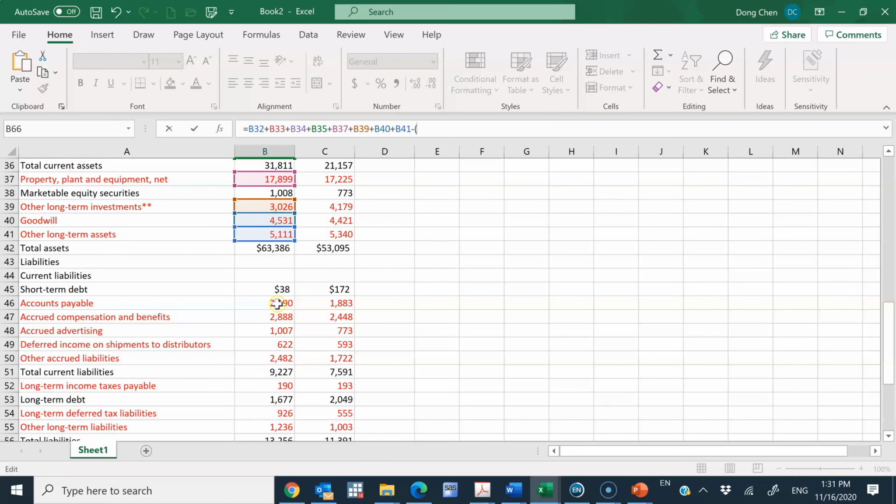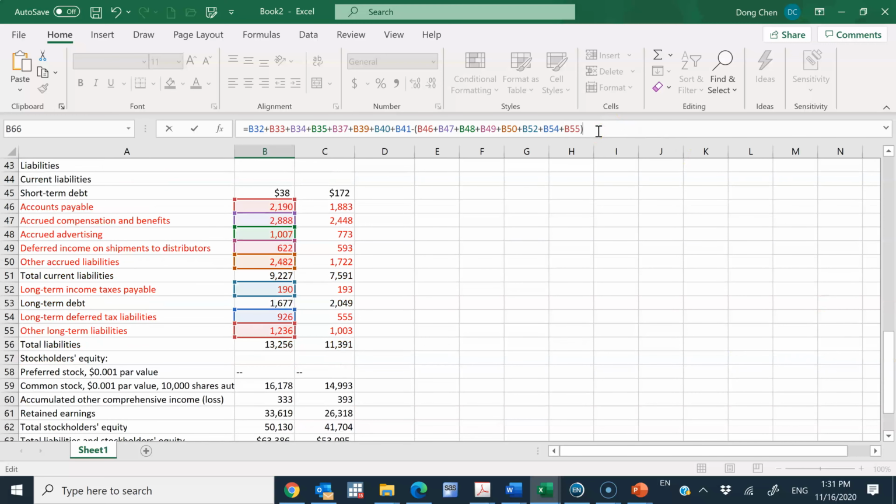Then we subtract the sum of all operation-related liabilities: accounts payable, accrued compensation and benefits, accrued advertising, deferred income on shipments to distributors, other accrued liabilities, long-term income taxes payable, long-term deferred tax liabilities, and other long-term liabilities.